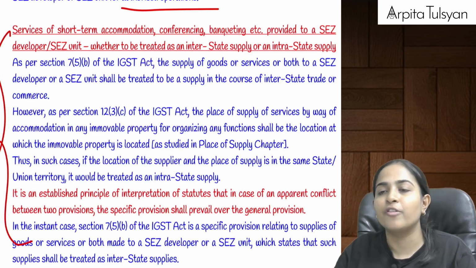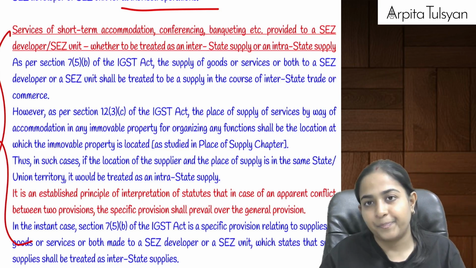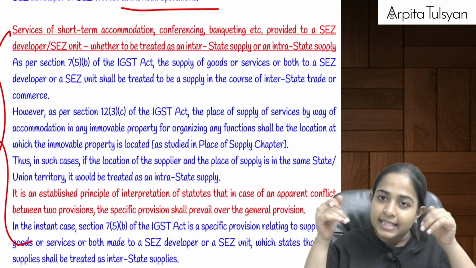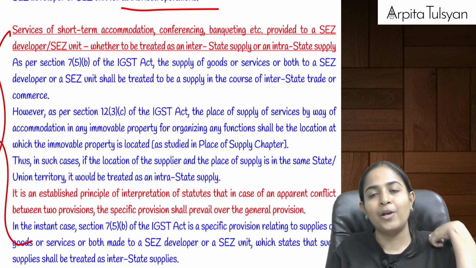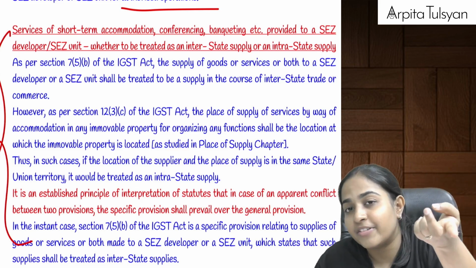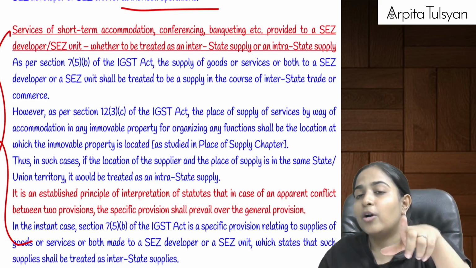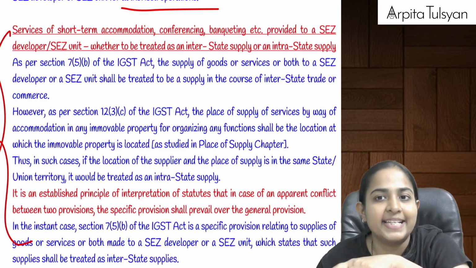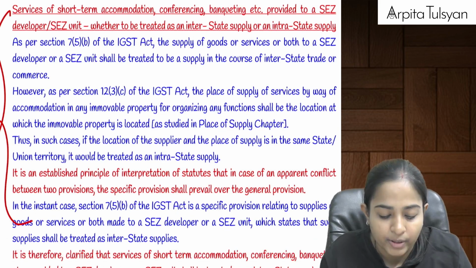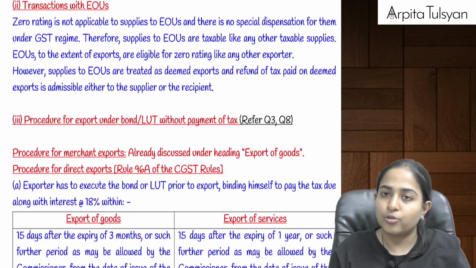If the location of the supplier and the immovable property are in the same state, then normally as per POS provisions it will be called intrastate supply. But here, specific provisions will override, because any services provided to SEZ will be considered as interstate supply even if all of them are situated in the same state.